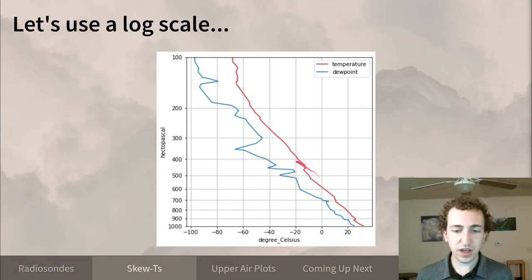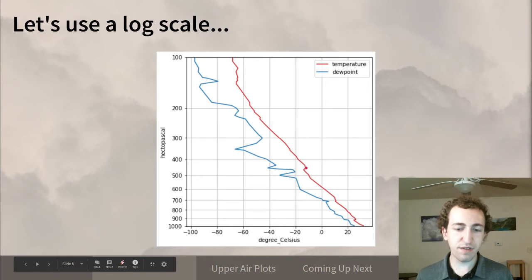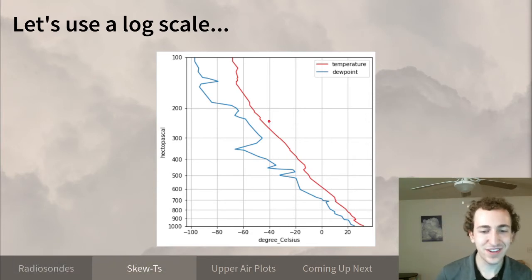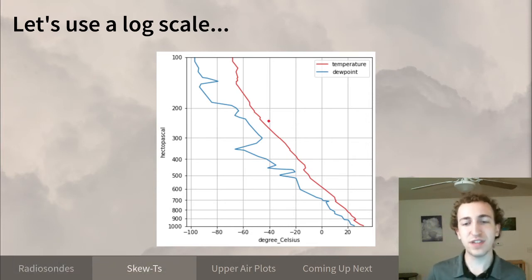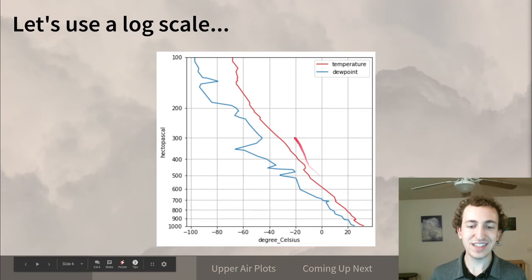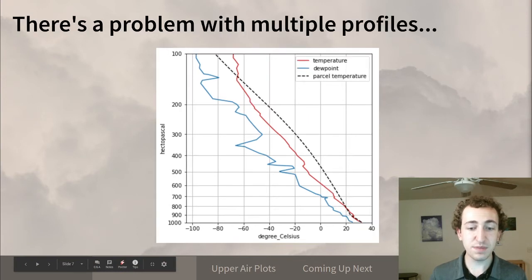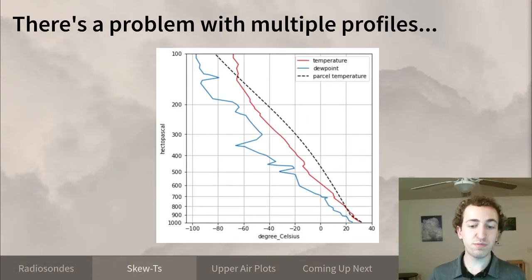However, it may not be entirely obvious here, but small important differences in temperature are hard to see because of the general tendency, as we also talked about earlier in this class, for temperature to decrease with height in the troposphere. We want to accentuate these differences, especially when we want to plot multiple profiles.